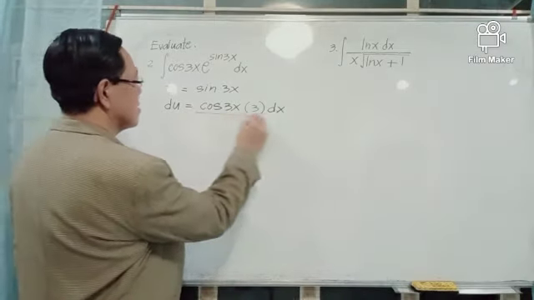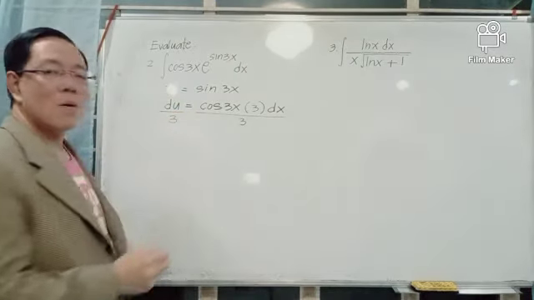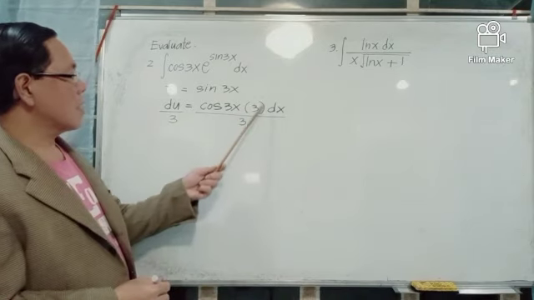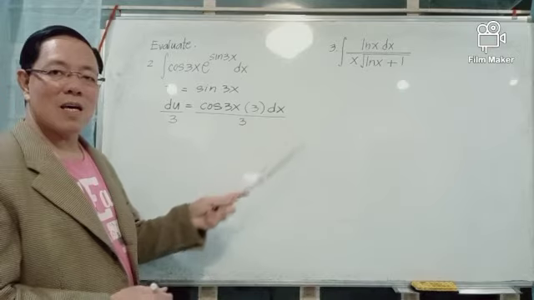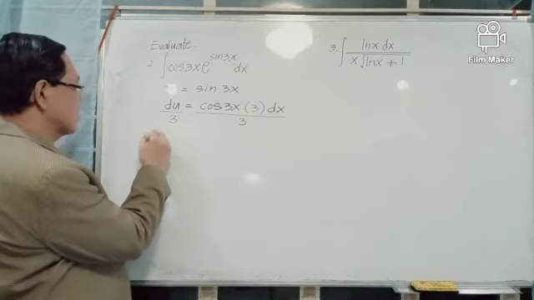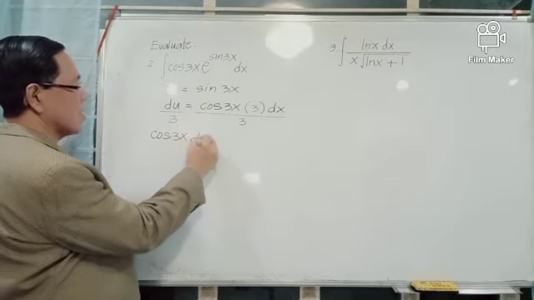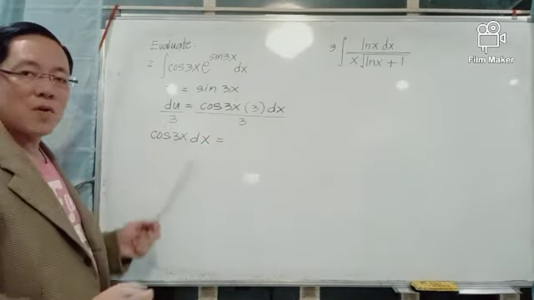You divide the right side by 3, the left side by 3, or multiply both sides by 1/3. And the 3 here will cancel. You get cosine 3x dx. Cosine 3x multiplied by dx is now equal to du over 3.